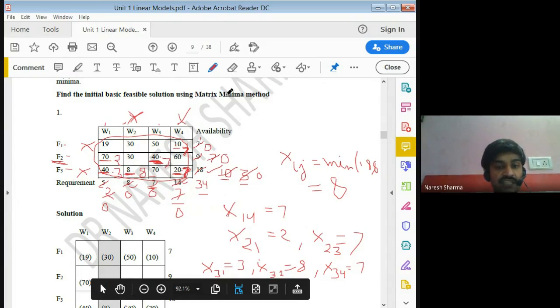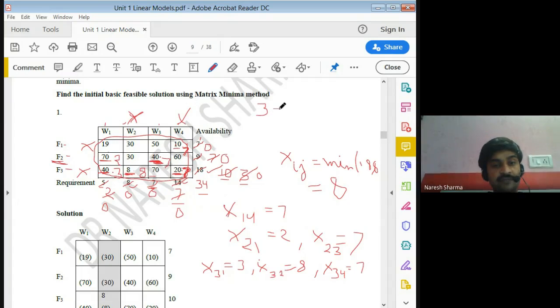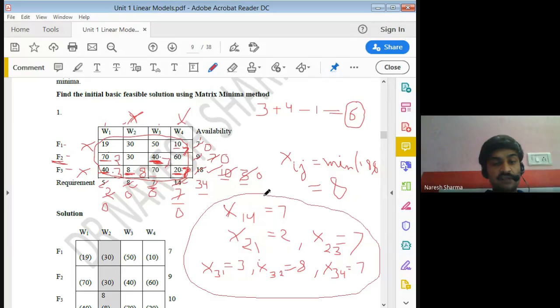So now you can check here, we have 3 rows, 4 columns, and if we add them and subtract 1, which is 6. So the maximum allocation is 6, which is in our solution. So this is your basic solution.